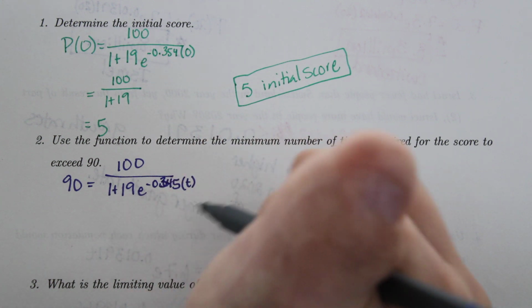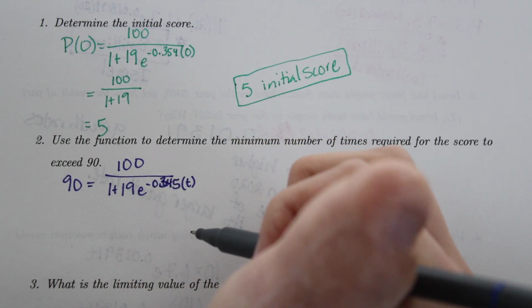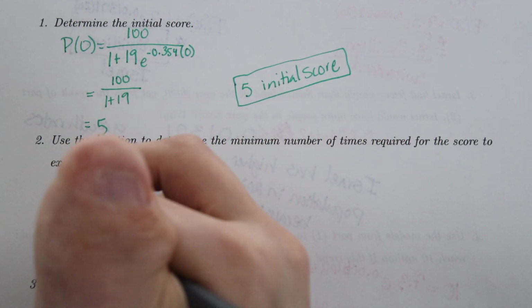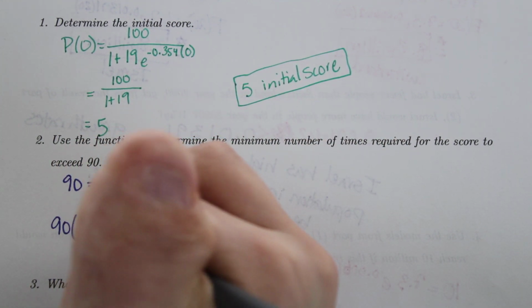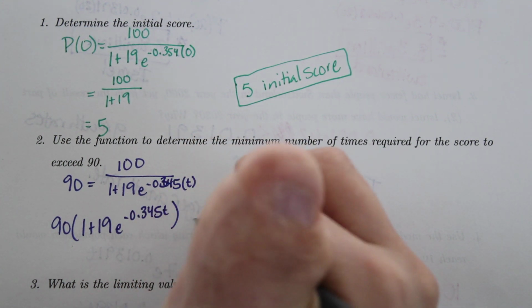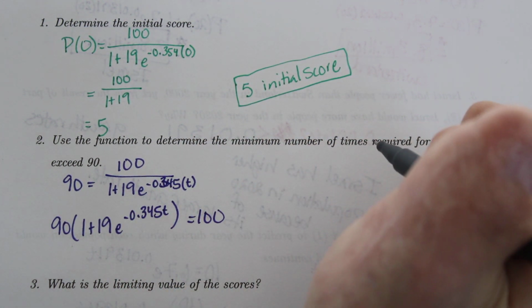So I'm going to multiply this denominator over so that we can get this exponential up in the top. So we have 90 times 1 plus 19 e to the negative 0.345 t is equal to 100.